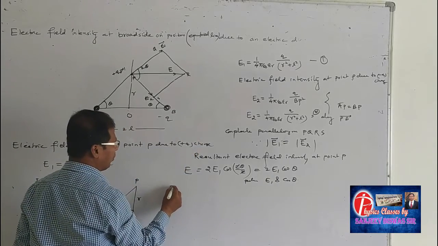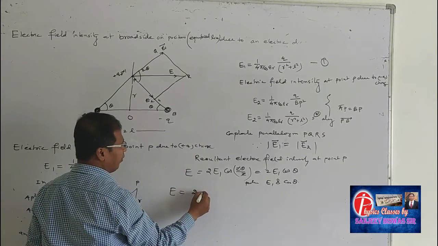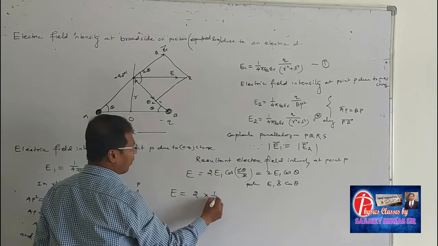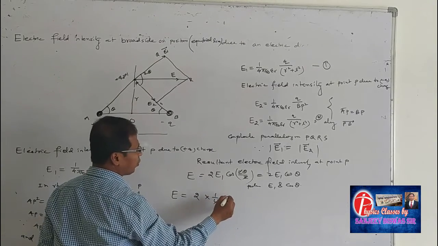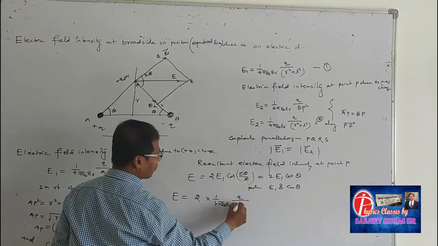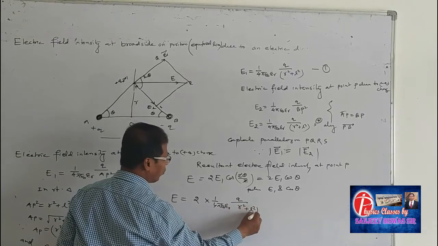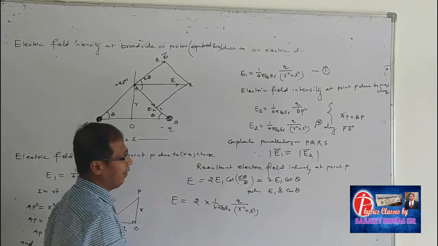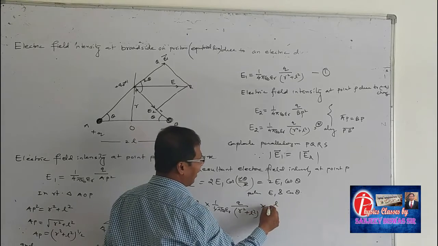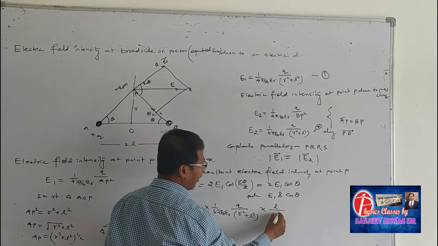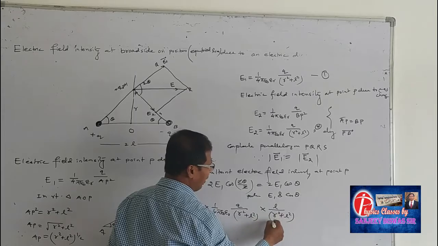So E is equal to 2 into E1, which is 1 by 4 pi epsilon 0 epsilon r q upon r square plus L square, and cos theta is L upon r square plus L square power 1 by 2.